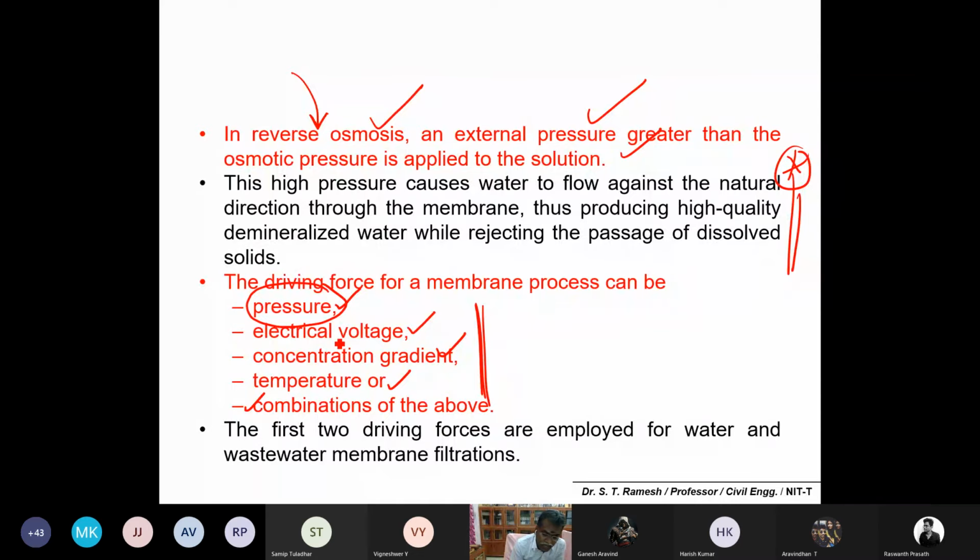If it is an electrical voltage difference, it is called electrodialysis or any electrical way of treatment. If it is a concentration gradient, you can simply call it an osmosis process. Is it okay? Yes, sir. Please remember what osmosis is, what reverse osmosis is, and what the different driving forces for the membrane process are.